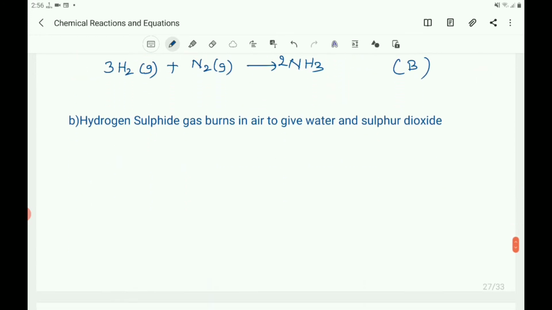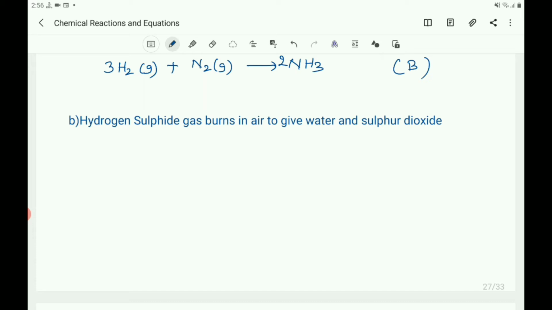Second reaction, B: hydrogen sulfide gas burns in air to give water and sulfur dioxide. Here you observe hydrogen sulfide is a gas, burns in air. Air means here we have to take oxygen.